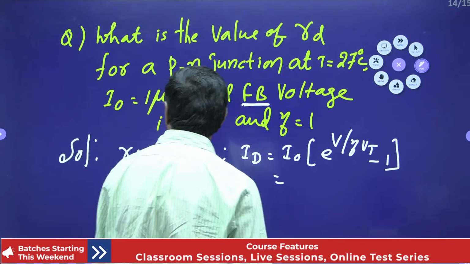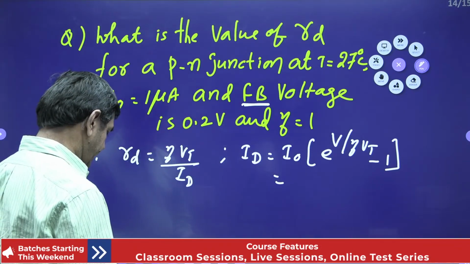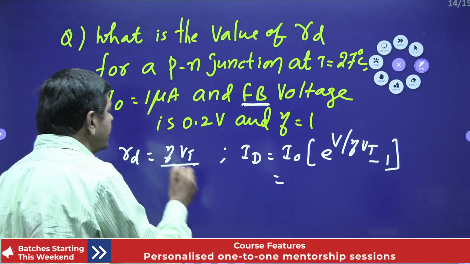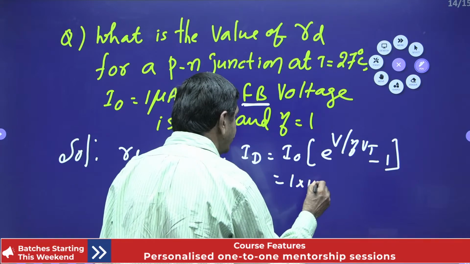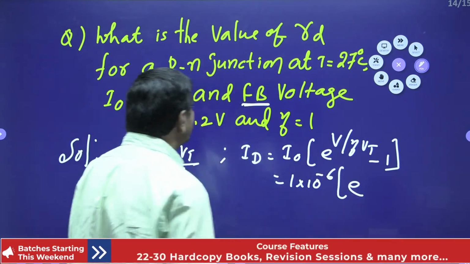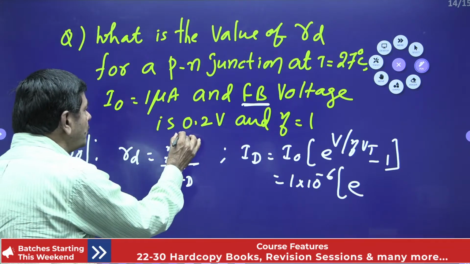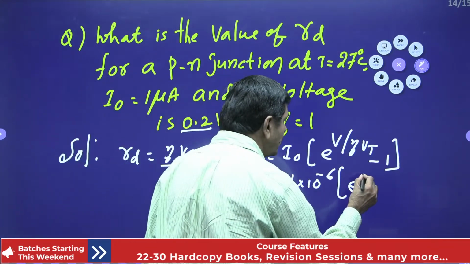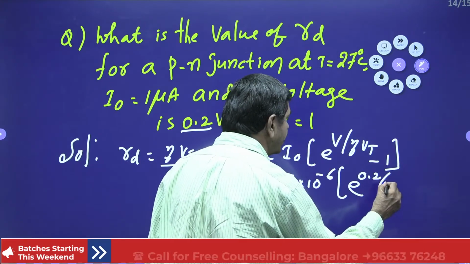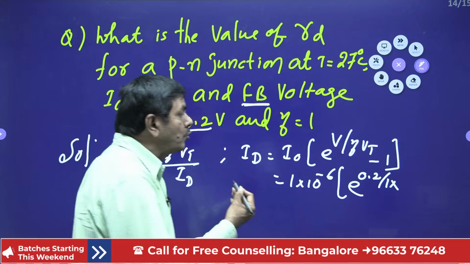Is I naught given or not given in the problem? You check it here. I naught equal to 1 microampere is given, 1 into 10 power minus 6. E power voltage across the diode is given as 0.2 volts, divided by eta, which is 1. Vt is not given, so it is room temperature.